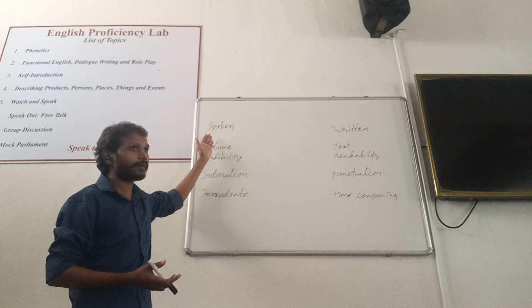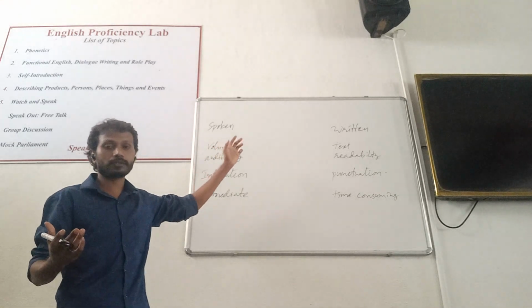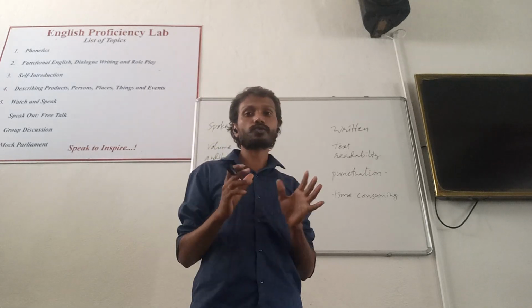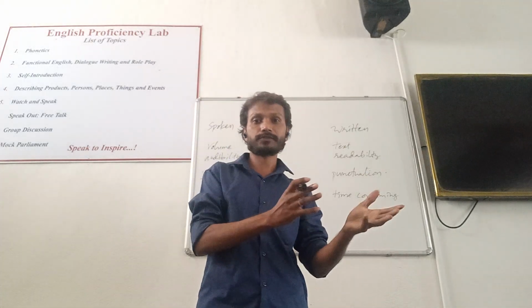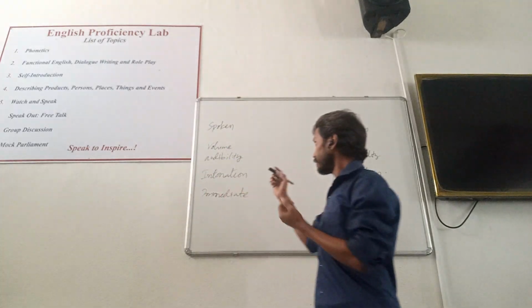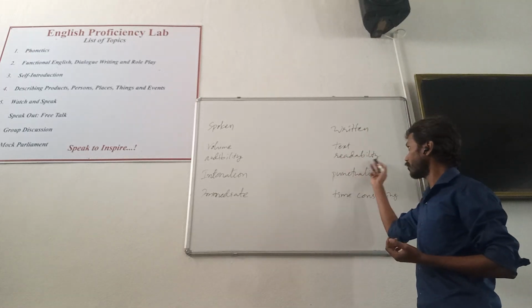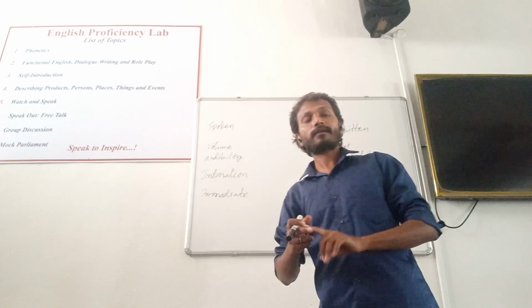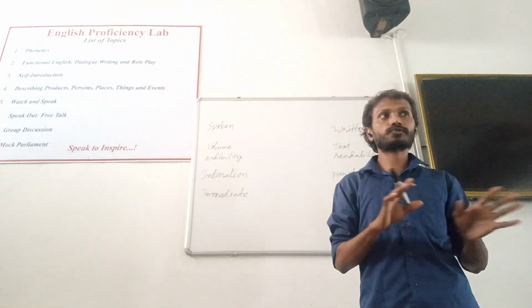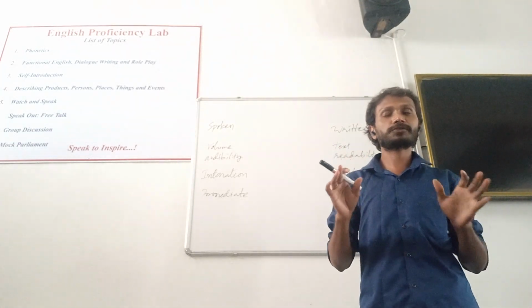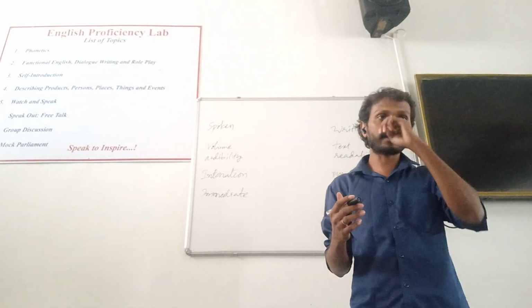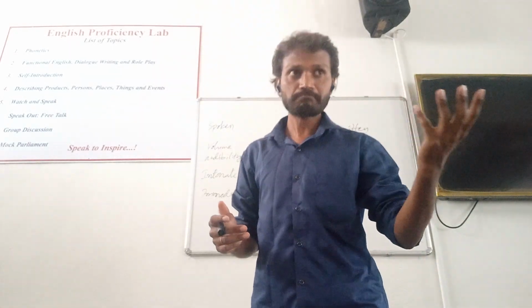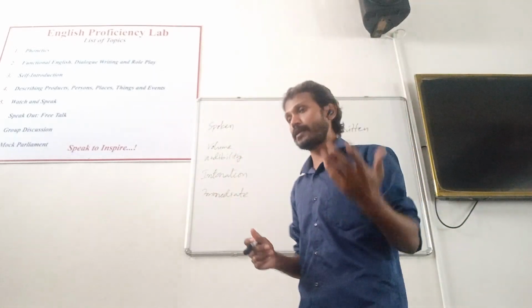And when it is spoken communication, you need to look at your voice, the so-called audibility to your audience, right? Whereas in written communication, you need to look at the readability, and the sentences you are writing should also be very much understandable in terms of grammar, punctuation, and all this.